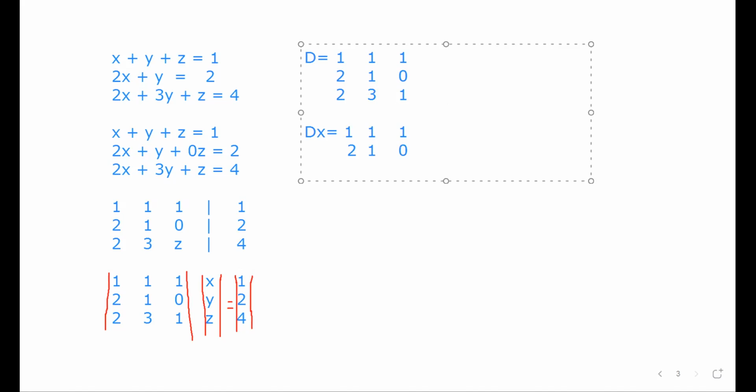Zero, 4, 3, 1. Okay, found dx. Then dy is equal, no changes in the first column, but in the second column we have to do some changes.